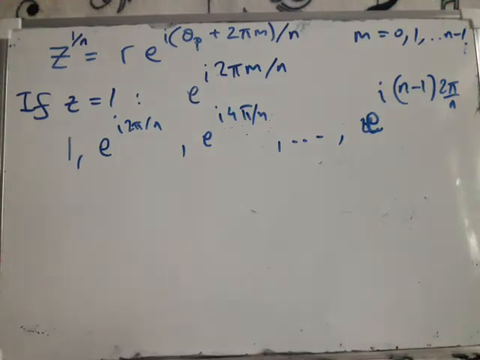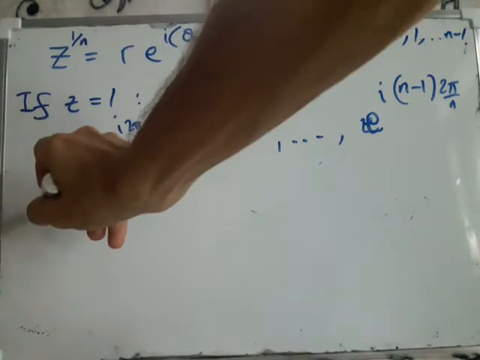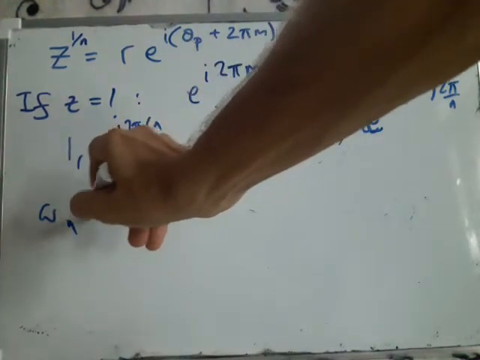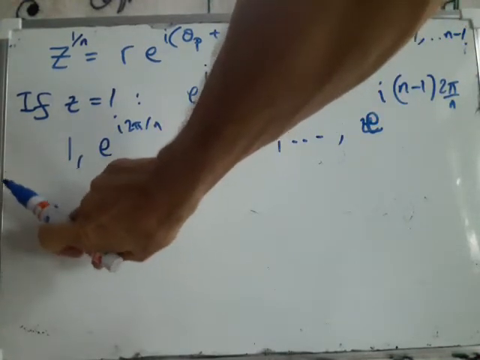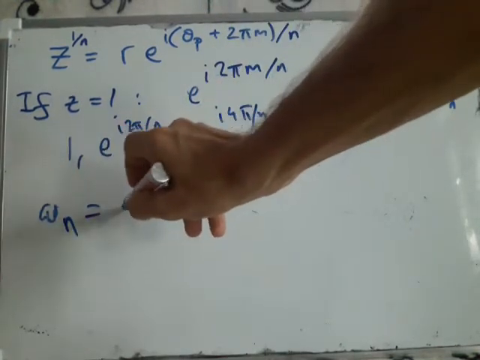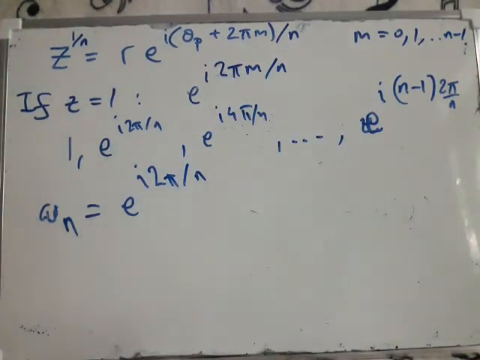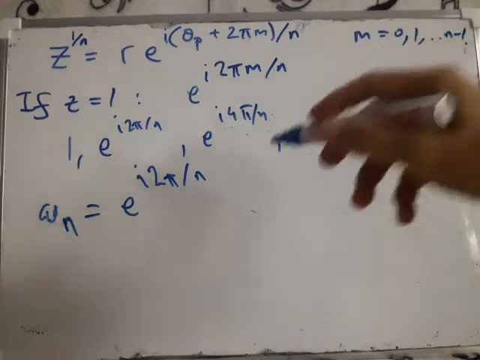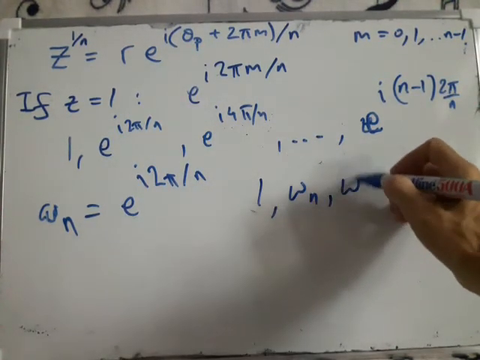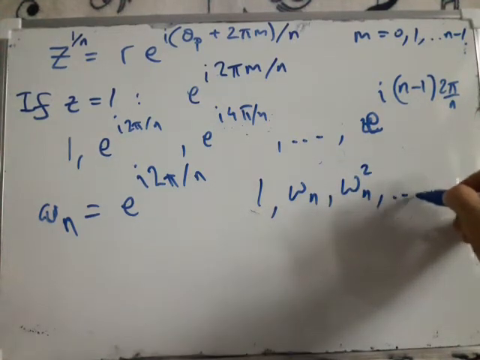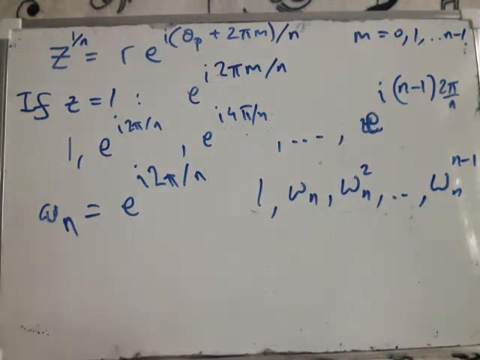So we can rewrite that in a more compact way if we let omega n equal e to the i 2 pi over n. Then we can write this as 1, omega n, omega n squared, all the way up to omega n to the n minus 1.